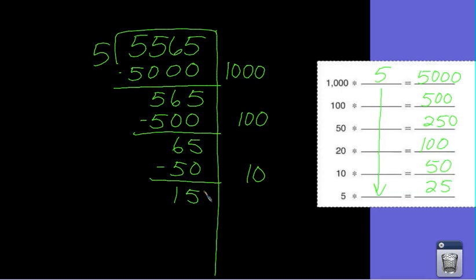And then 25 is too big, but since it's a single digit number, we can think about that. How many groups of 5 could I get from 15? I could get 3. 3 times 5 is 15. So for this problem, it works out I do not have a remainder. If I add up my partial quotients, 1,000, 1,100, 1,110, 1,113, so 1,113 with no remainder.